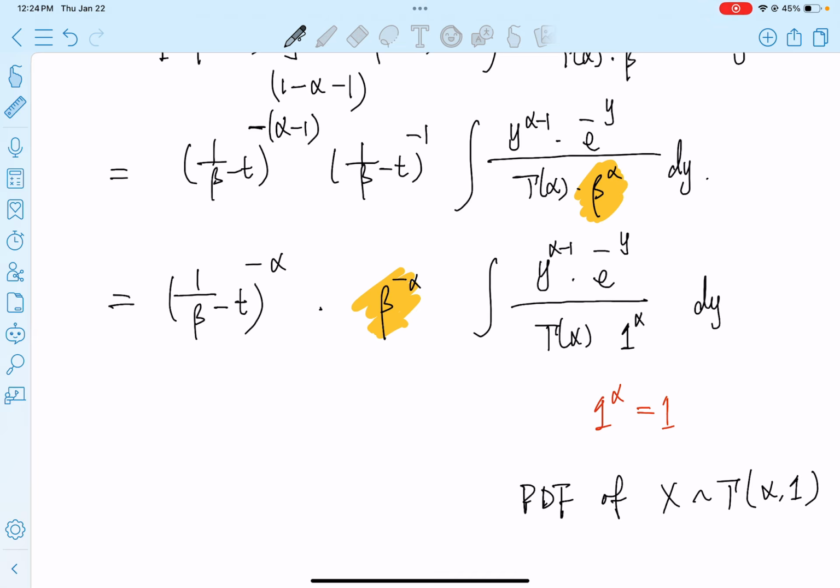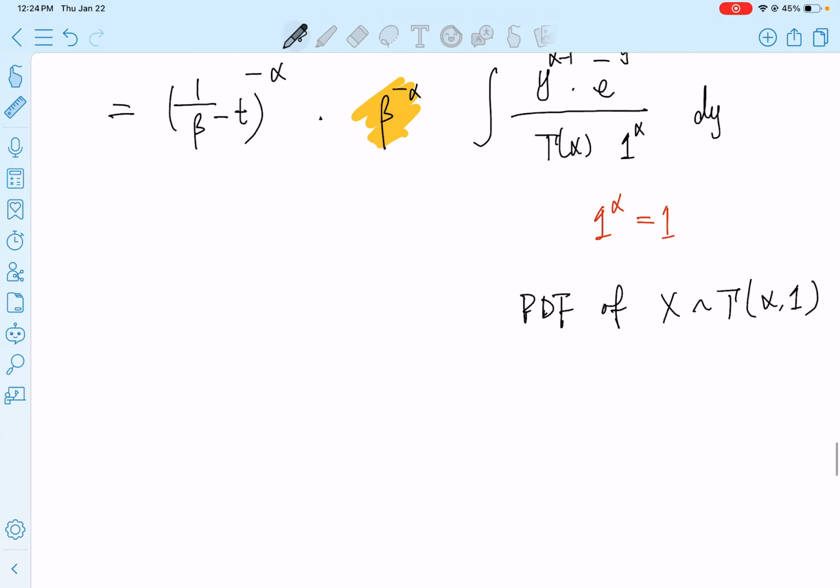So what we have inside the integral is the probability density function of a gamma random variable that follows a gamma distribution with parameter alpha and beta equal to 1. Okay, so in that case, that is also a properly defined probability density function. So this part will reduce to 1.